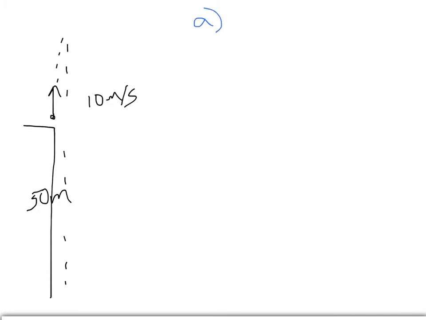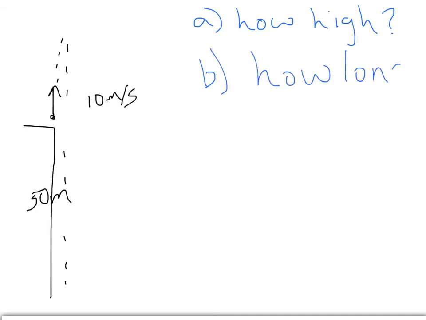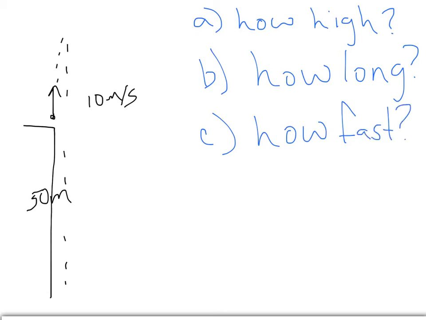First, we want to find how high does it go from the surface of the earth, so from the very bottom. And then we want to know how long does it take for the entire trip from when it's released until when it falls, and how fast is it traveling before it hits the ground.